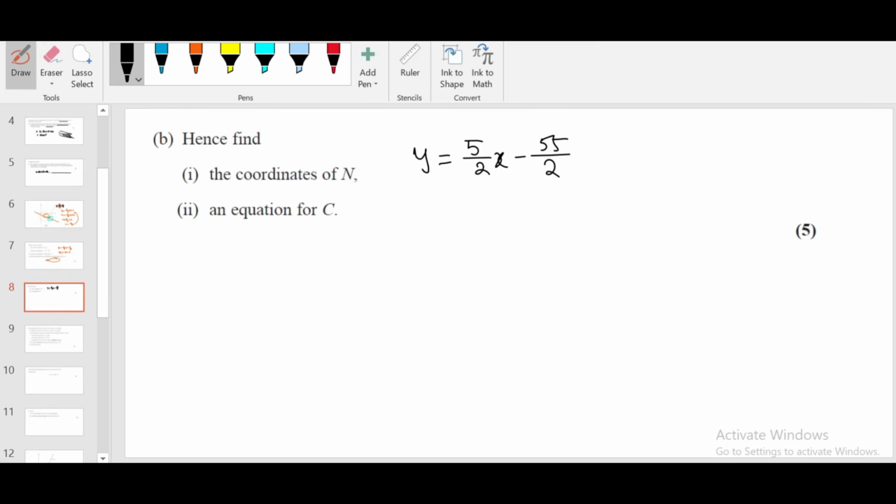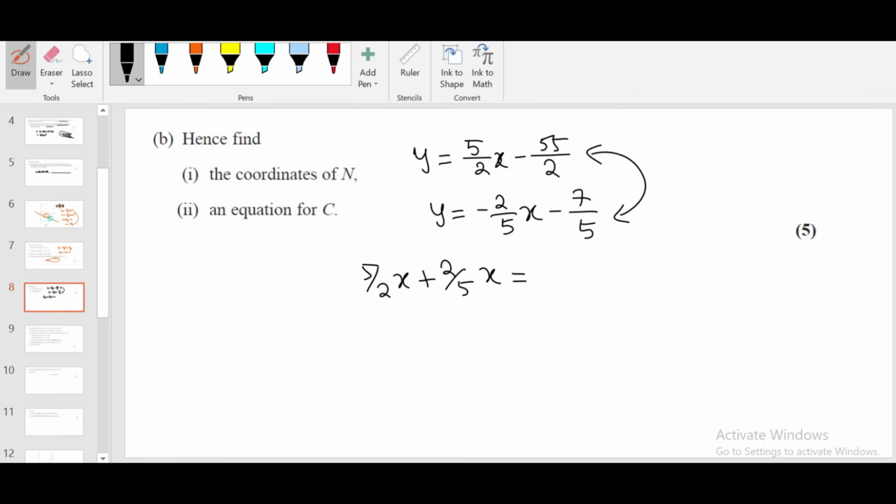The second equation is y is equal to -2/5x minus 7/5. Equate them. I'll write one more step, just equate them.